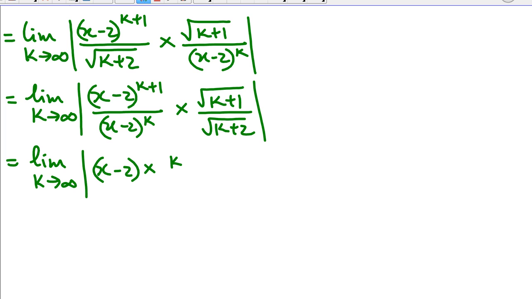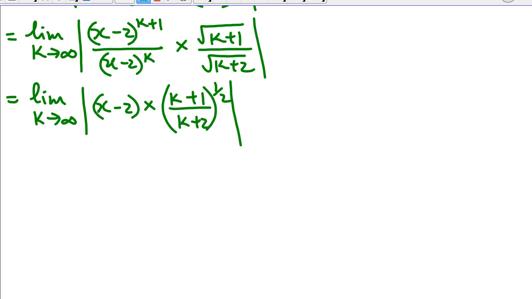And the other term, alternatively, I can just factorize out x minus 2.